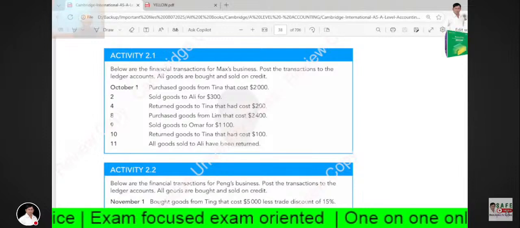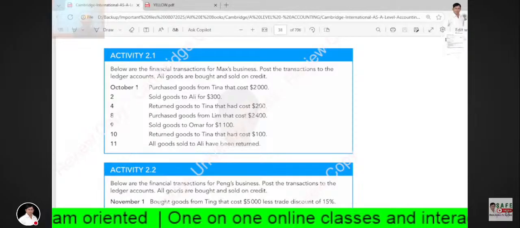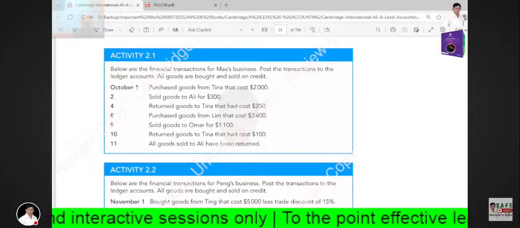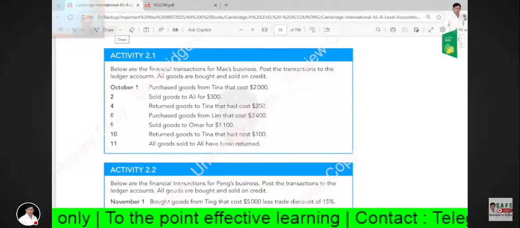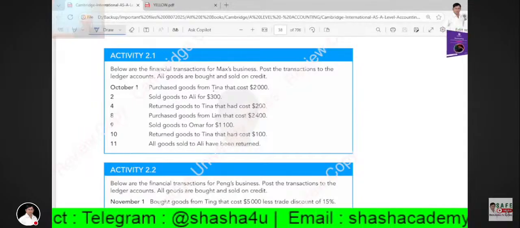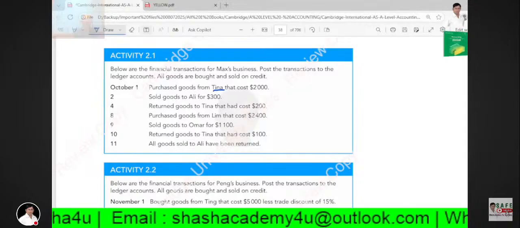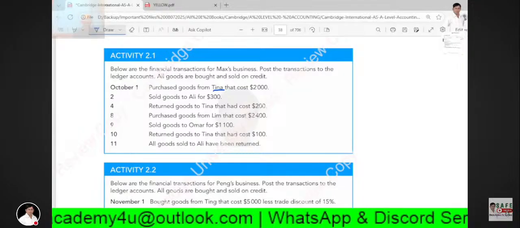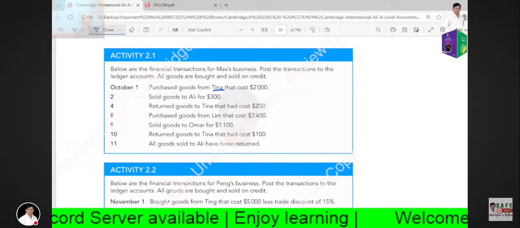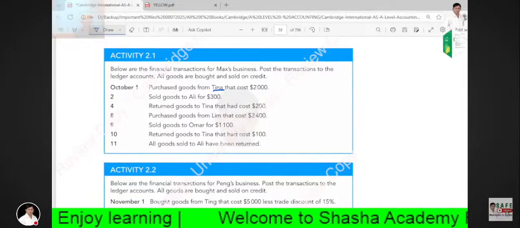Basically, we need to know the personal account, Tina, whether this account is receiving or giving. So, purchase goods from Tina that cost 2,000.